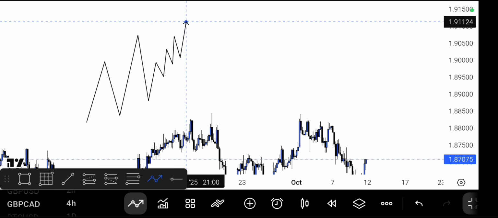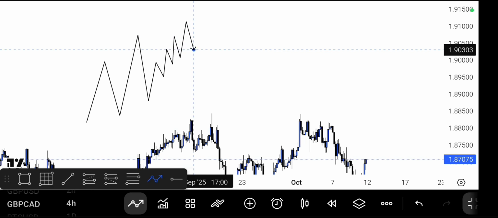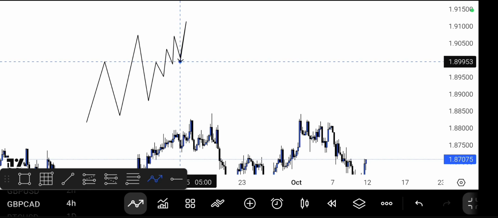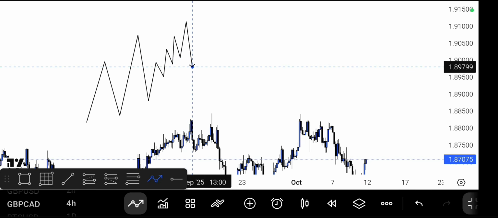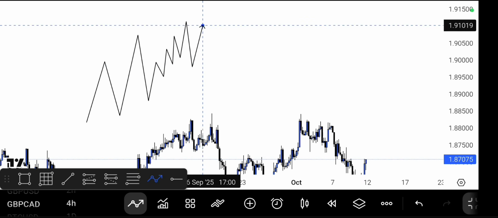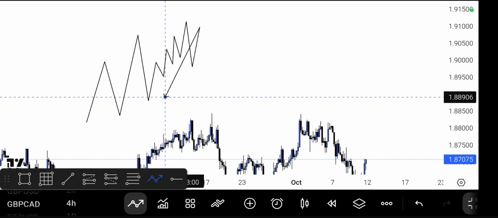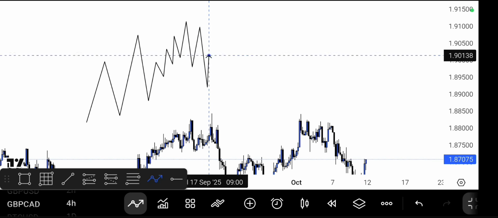What I want to see is the market take out two lows. This is the first low, the second low. So when the market takes out two lows, then I consider the market overbought. Then we'll look for a way to sell the market into the origin. Definitely we'll look for the origin that caused the break of structure or the change of character. Then we sell into the origin before we follow the trend.